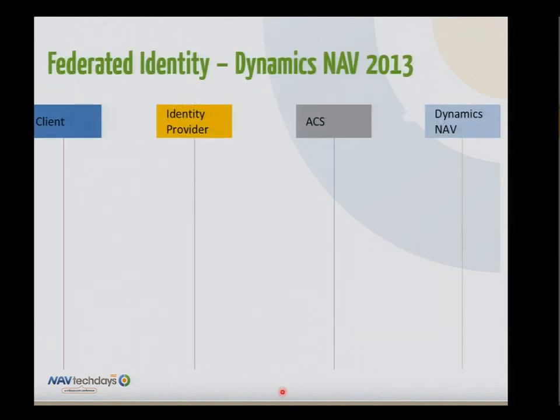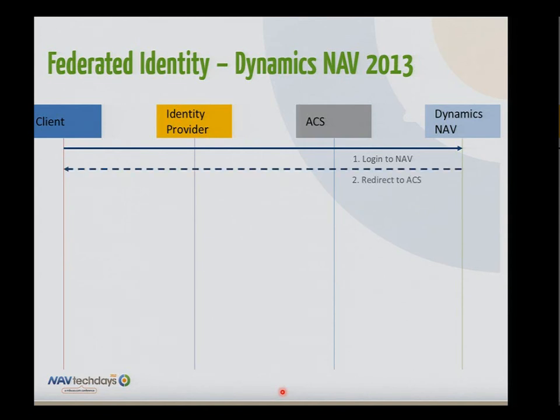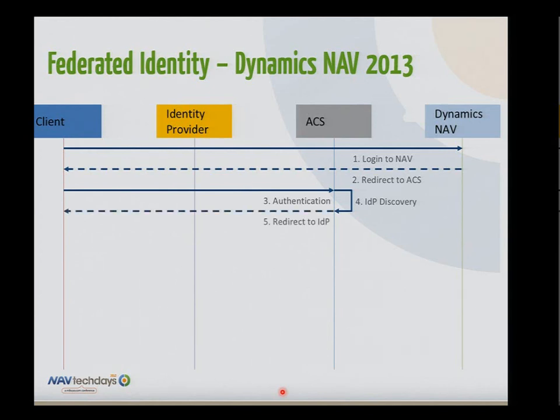And you can see it here. We have the client that talks to Dynamics NAV, and it says, oh, you need to log in. So you are redirected to ACS, according to the configuration. We need to authenticate against ACS. Oh, but we need to pick an identity provider. Back to the client, and we need to log into the identity provider, which can issue a token given that the credentials you sent were correct.